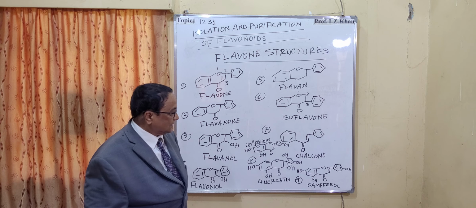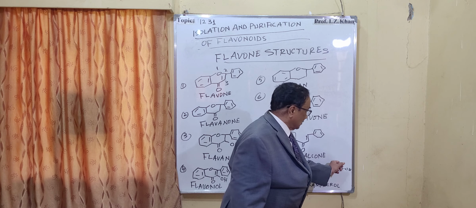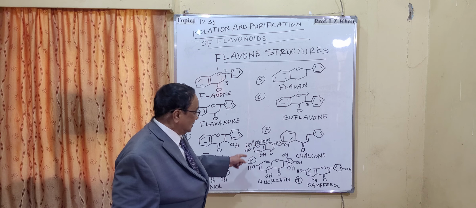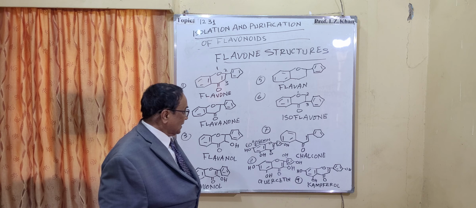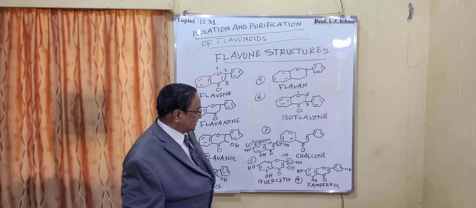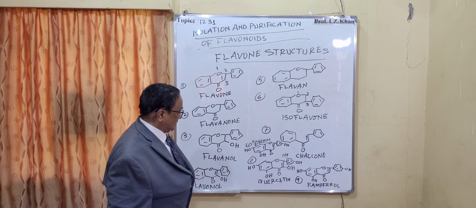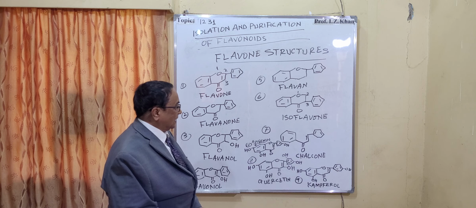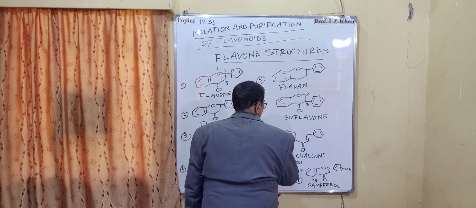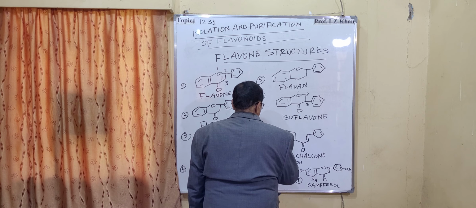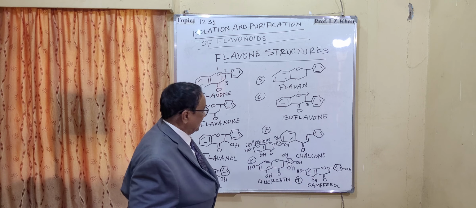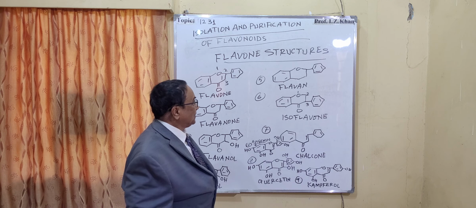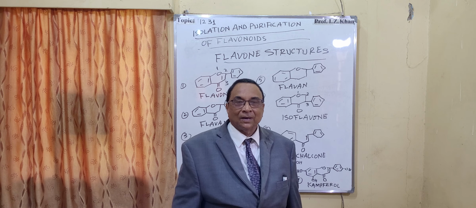And number 9 is kaempferol. The only difference is that here one hydroxy is less, and this quercetin, kaempferol, and number 10 is apigenin. It also has a similar structure like kaempferol. The only difference is the OH here and another OH there. That's why it is called apigenin. And they are all medicinally very, very important, and they act as antioxidants in our health and disease.